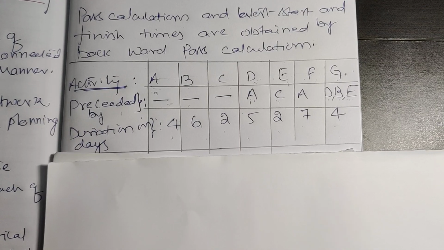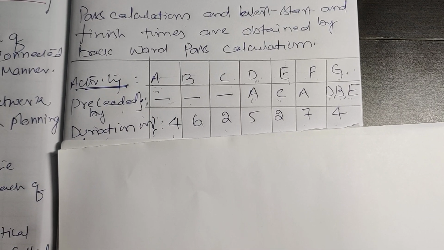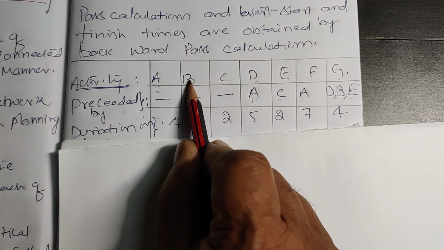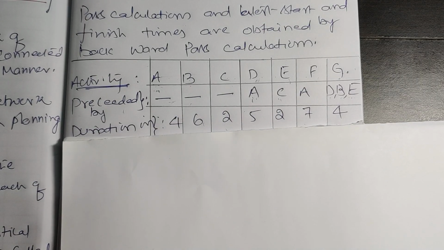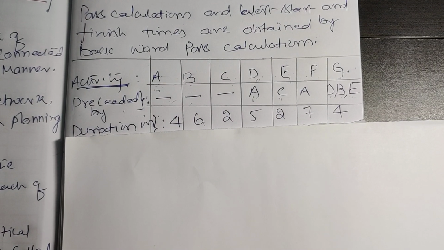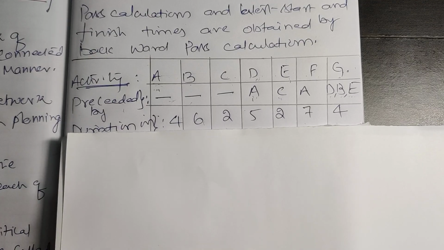Three activities are independent. A, B and C are independent activities. So simultaneously I can start these three activities.